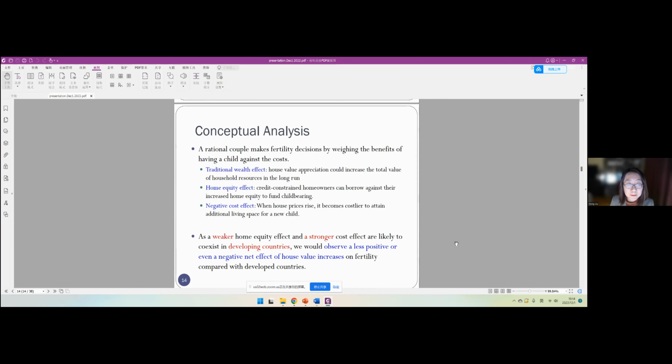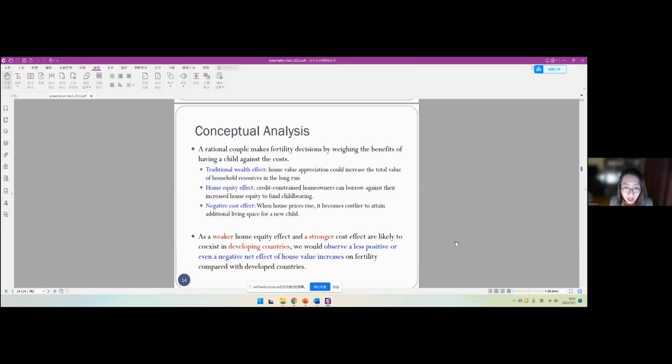Conceptually, a rational couple makes fertility decisions by weighing the benefits of having a child against the costs. In developing countries, the home equity effect may be weaker because of less developed financial markets, and the negative cost effect may be stronger because households generally live with less adequate residential quality, and they have to upgrade their house for a new child.